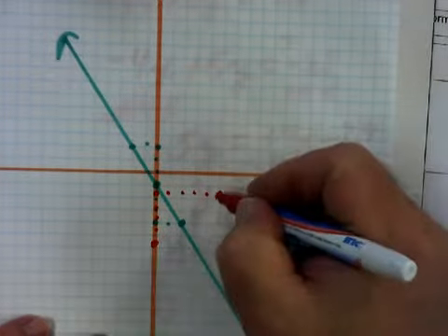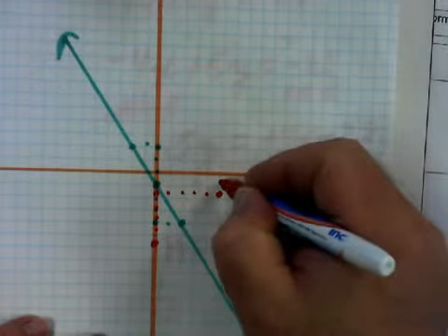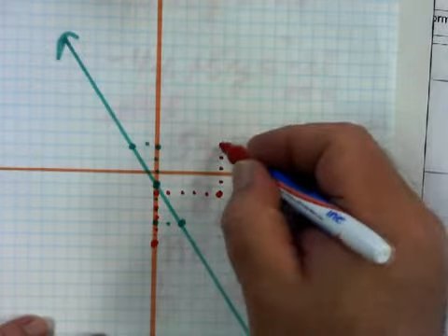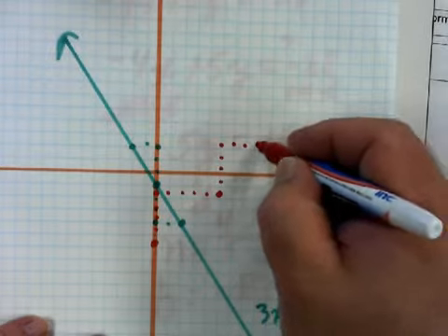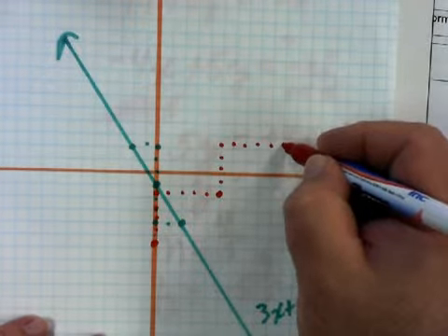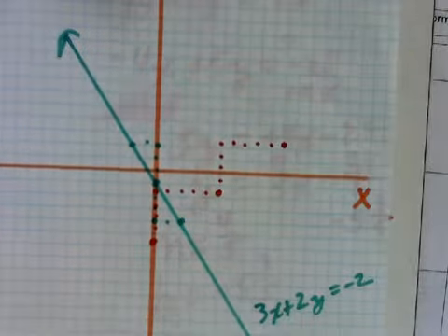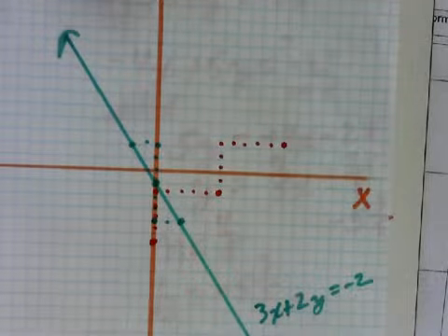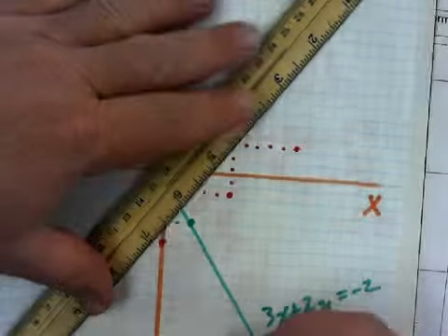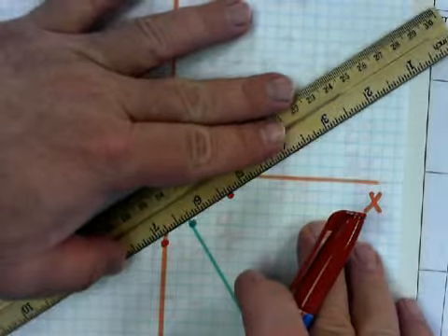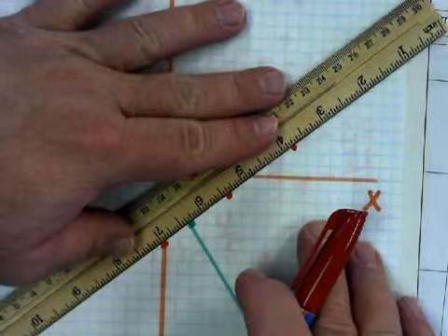If I need another point, go up 4, 1, 2, 3, 4, and to the right 5, 1, 2, 3, 4, 5. Looks like stair steps. Very carefully draw the line.